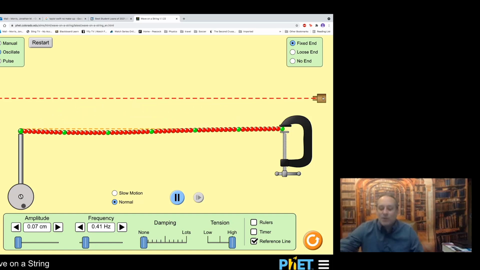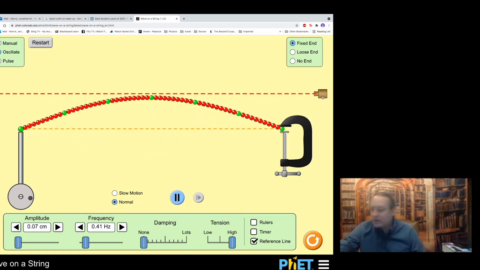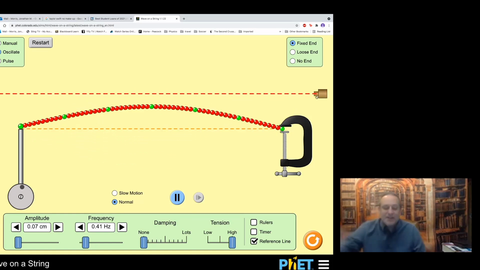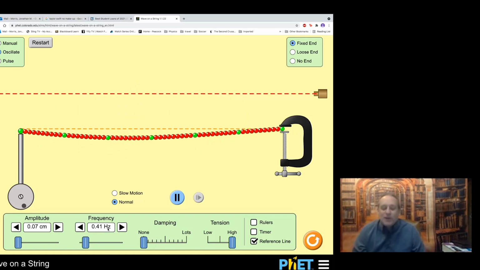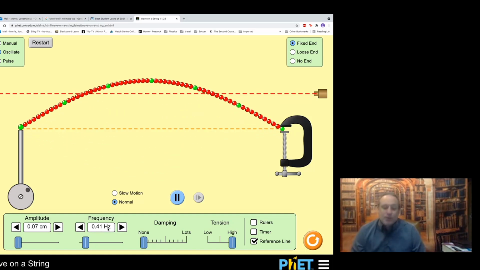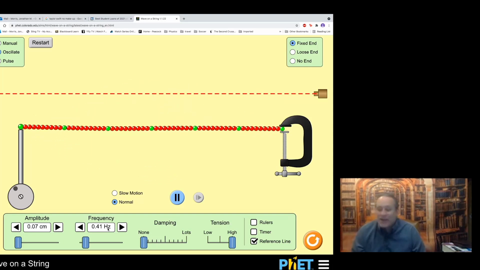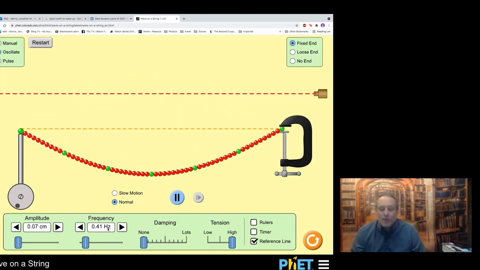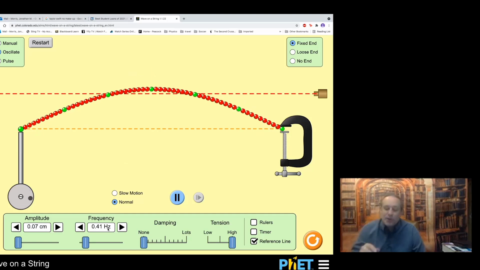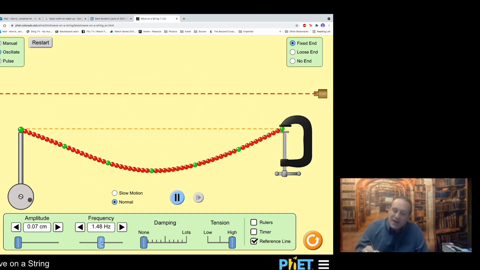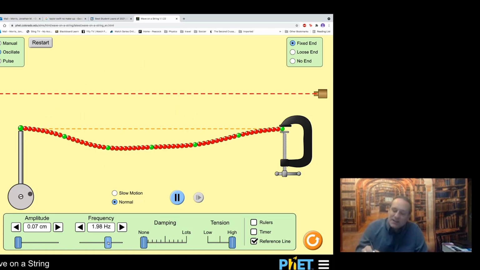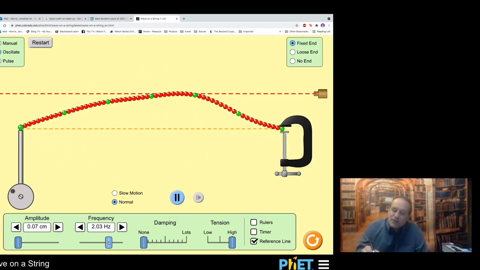I might have to go up to 0.42, 43, or down to 0.40. I'm not going to take the time right now to do that. But the idea is, if this is the fundamental frequency and I multiply it by 5, I should be able to find the fifth harmonic, the one that would have 5 humps. So if we multiply this by 5, that's right up in kind of this range.